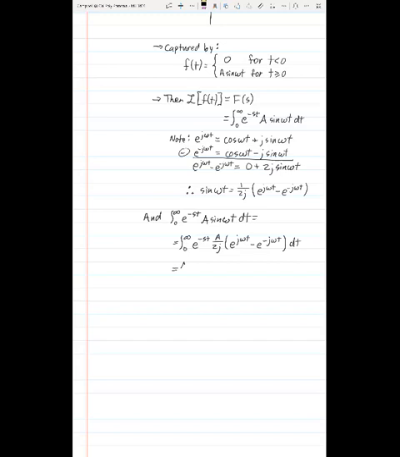So I get a over 2j times the integral from 0 to infinity of e to the j omega t minus st, minus e to the negative j omega t minus st, all that times dt.